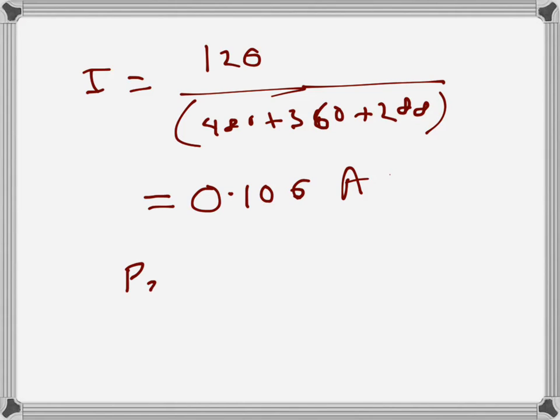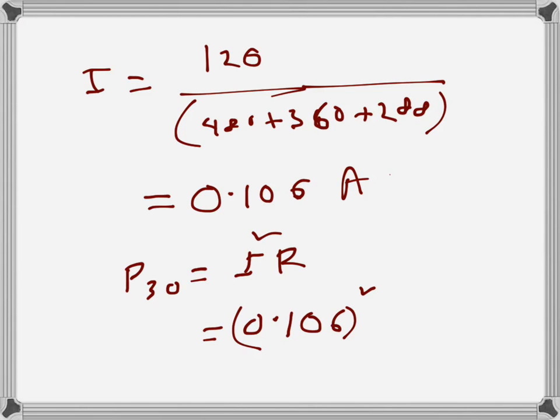So P30, for the 30 watt bulb, will be I square R. So I is 0.106 square, and the resistance is that of the 30 watt bulb, 480.